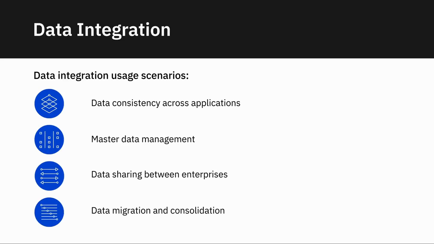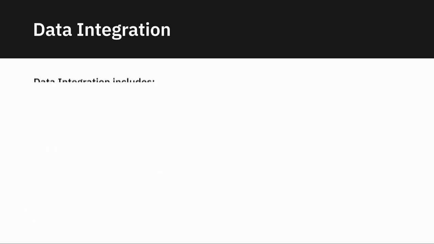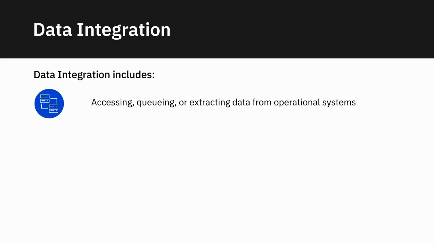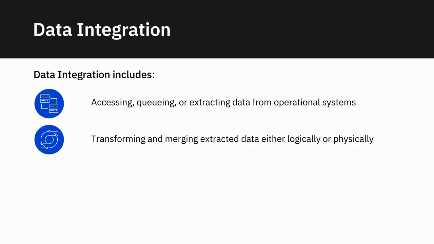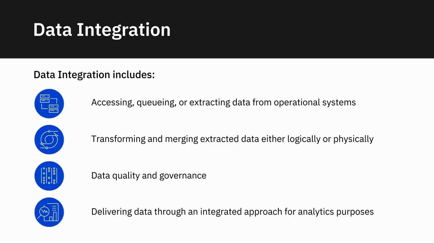In the field of analytics and data science, data integration includes accessing, queuing, or extracting data from operational systems, transforming and merging extracted data either logically or physically, data quality and governance, and delivering data through an integrated approach for analytics purposes.